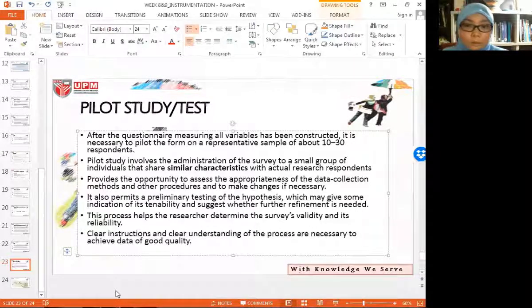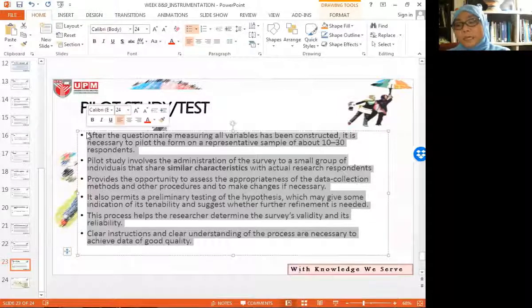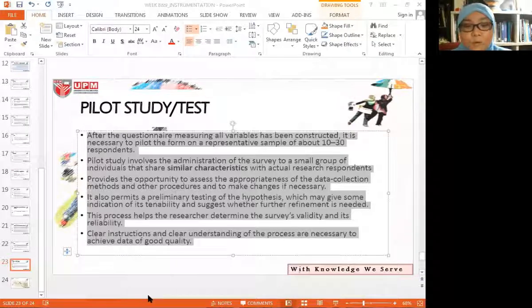Okay, so for those in quantitative, I strongly recommend that every time you do your pilot study, try as much as possible to meet your respondents face to face. Because at this level, the main purpose is not to get a high correlation between variables.